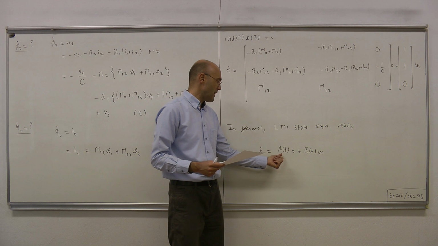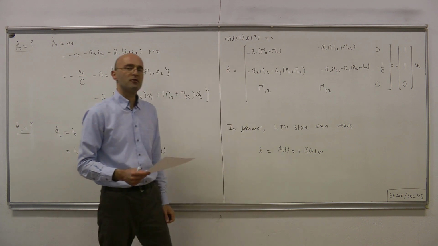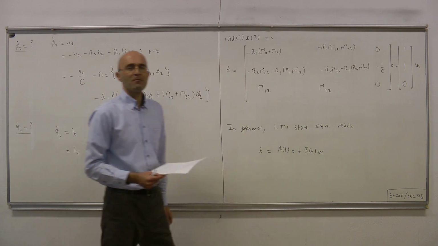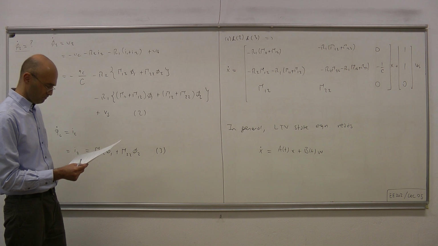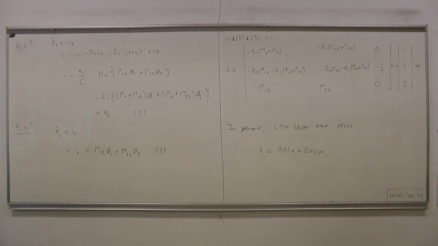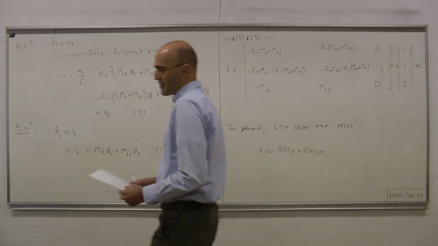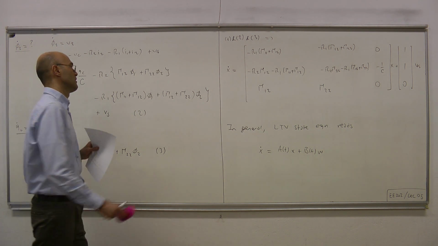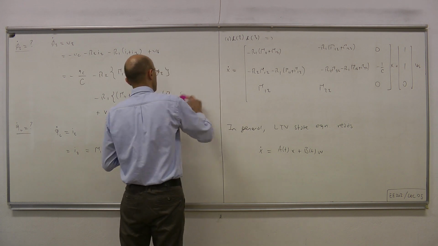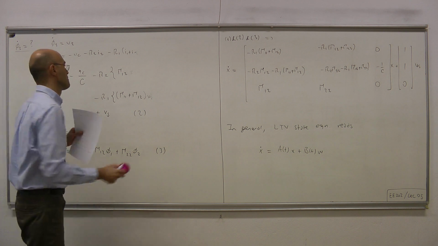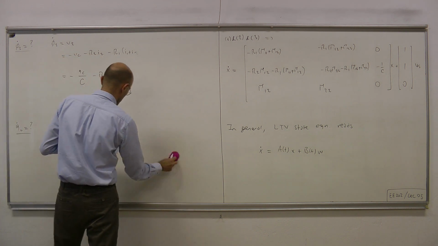For the LTI case, we have constant A and B matrices, but for the LTV case, not surprisingly, the entries of those matrices are also time varying. Okay. Now, in our next example, we're going to consider a time invariant, but this time nonlinear circuit, and see that we can apply the state equation approach to such cases too.